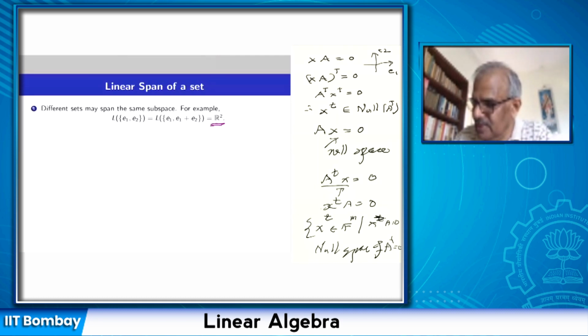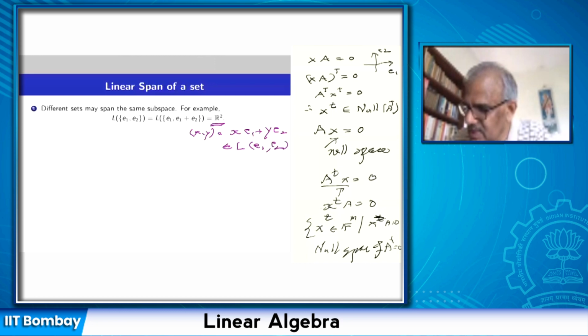Because every element of R2 looks like (x, y), and (x, y) can be written as x E1 plus y E2. So this belongs to the linear span of E1 and E2. But you can check very easily that the linear span of E1 and E1 plus E2 is also R2.